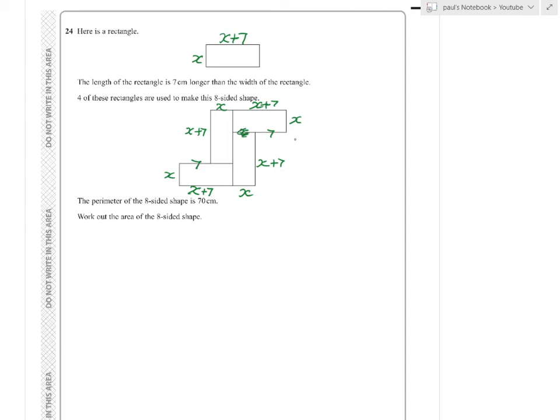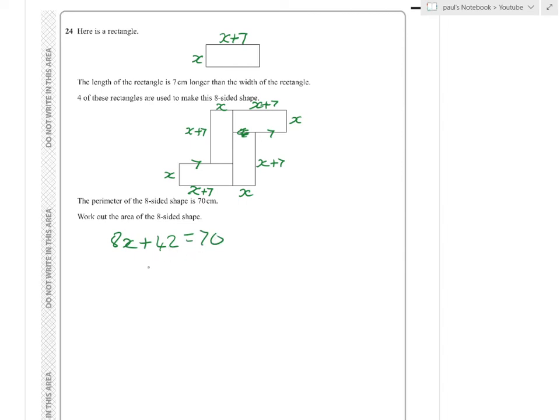So you've got to add all this lot up equals 70. So how many x's have I got? 1, 2, 3, 4, 5, 6, 7, 8. So 8x plus 7, 14, 21, 28, 35, 42 equals 70.